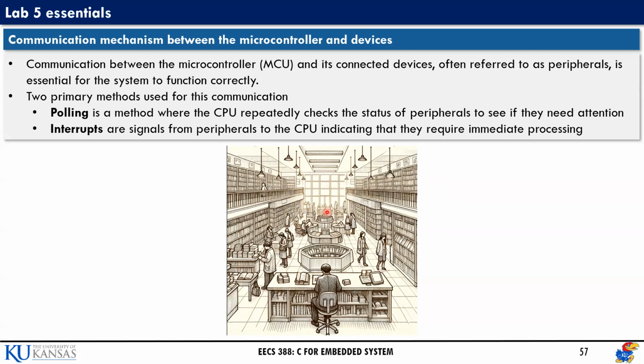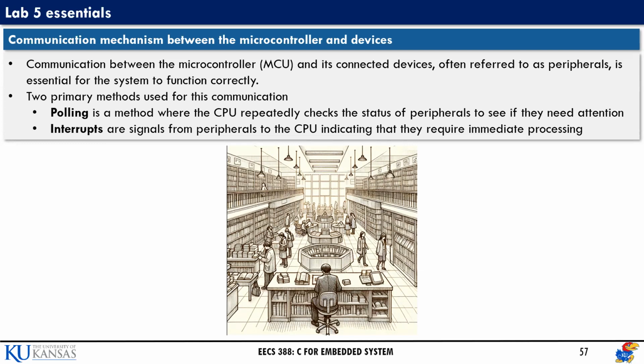The cons are that this method might not be the most efficient use of the librarian's time, as they could be checking on sections where no one needs help, while visitors elsewhere might need immediate assistance but have to wait until the librarian makes their rounds to that section. So now we got how polling works. Now let's talk about the interrupt.